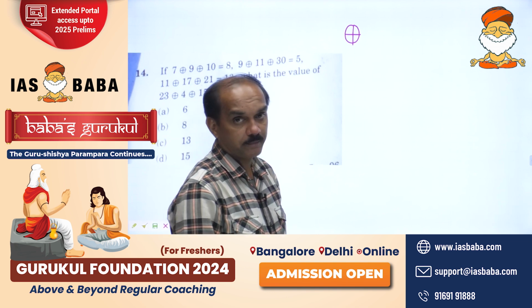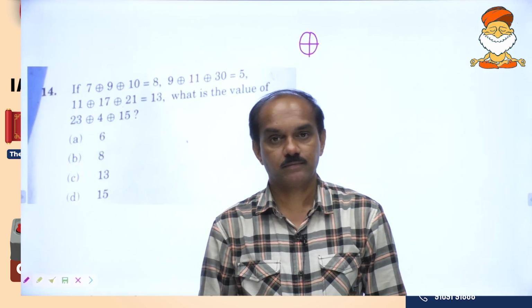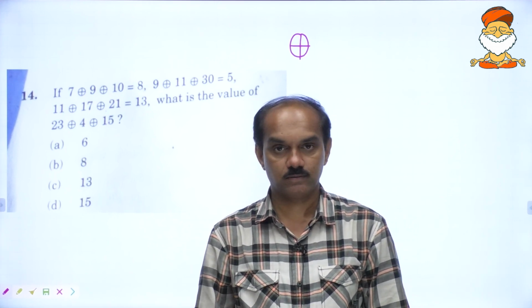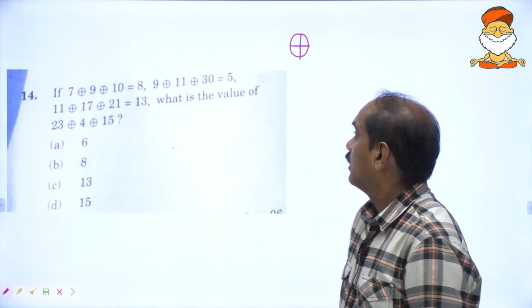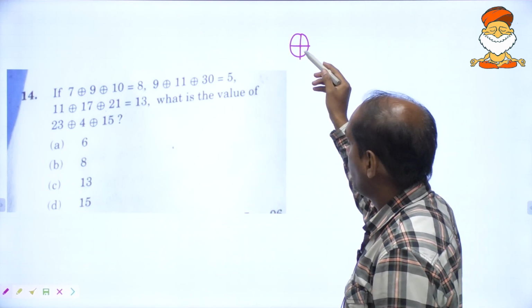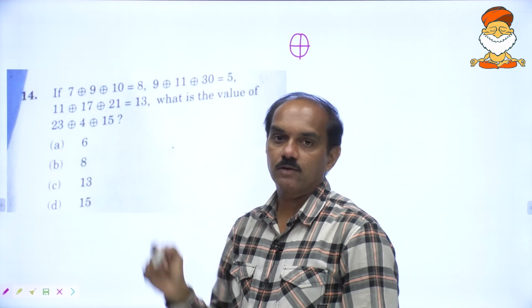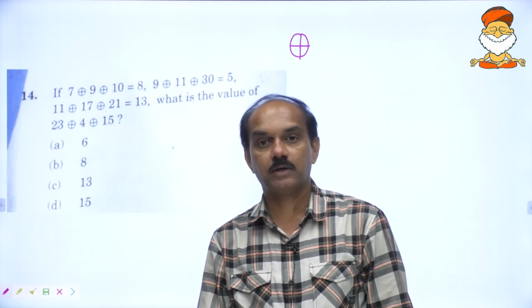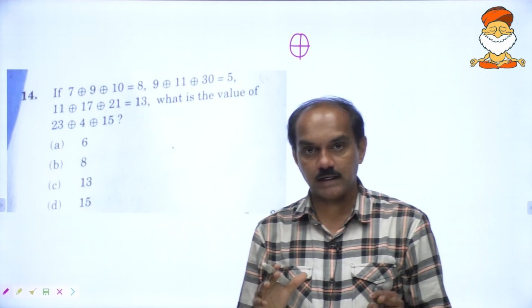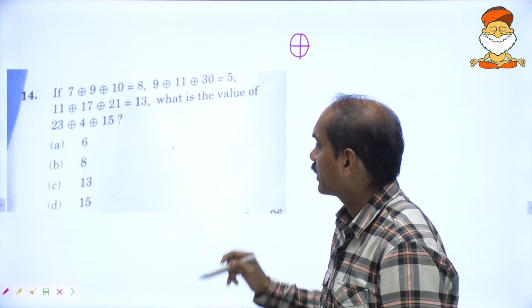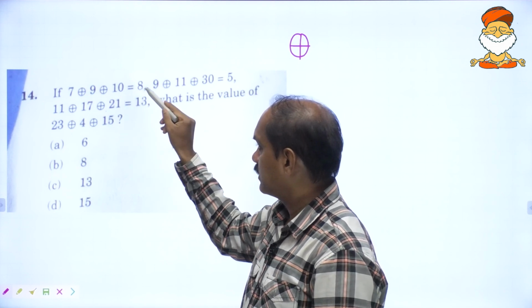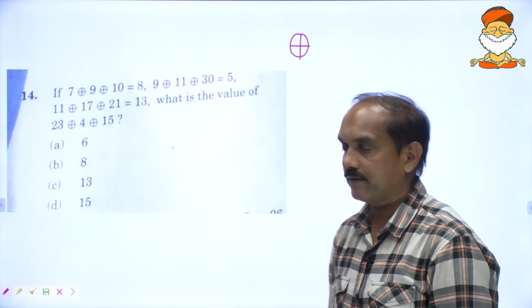It can stand for multiplication, it can stand for both addition and multiplication also. What is done, he has not disclosed. Whether he has added the digits or multiplied or what, he has not disclosed, and that you will have to check. So 7, 9, 10, all these together have given us 8.